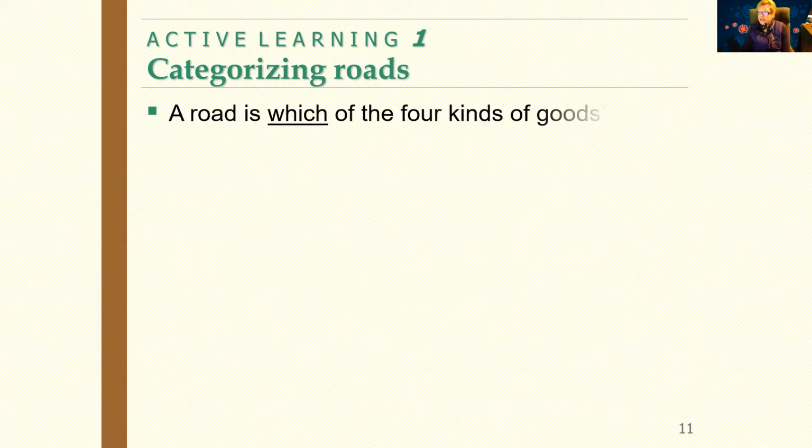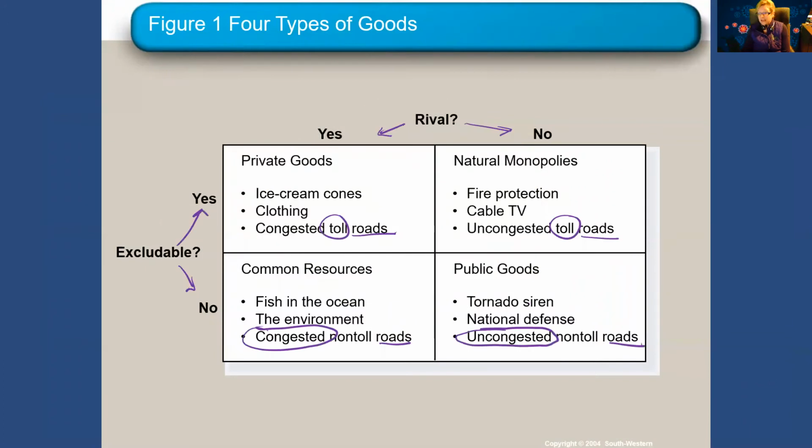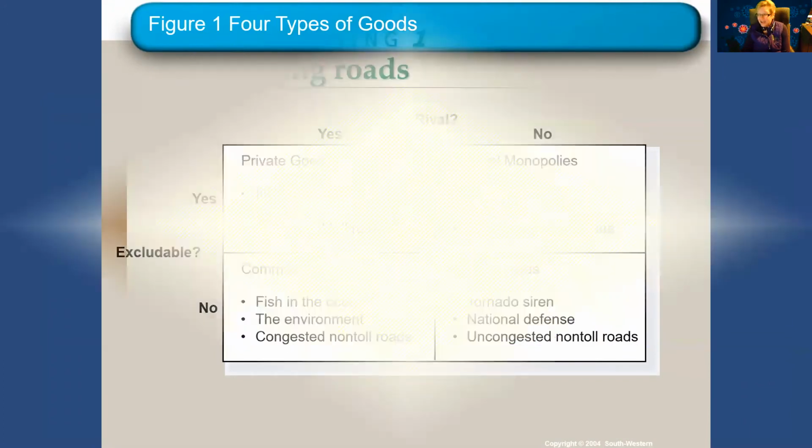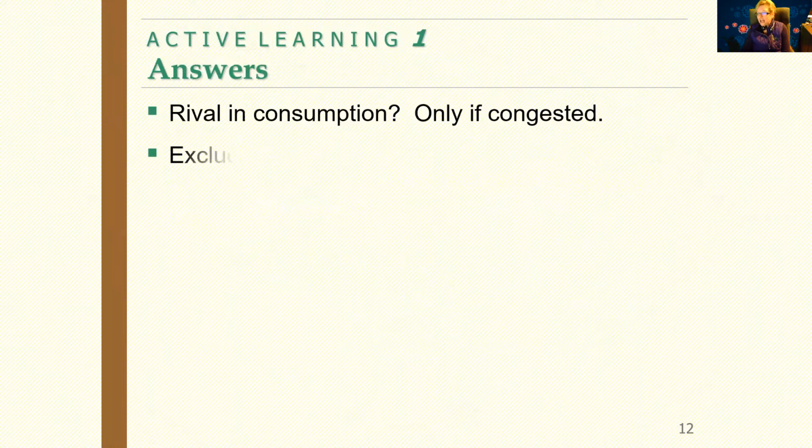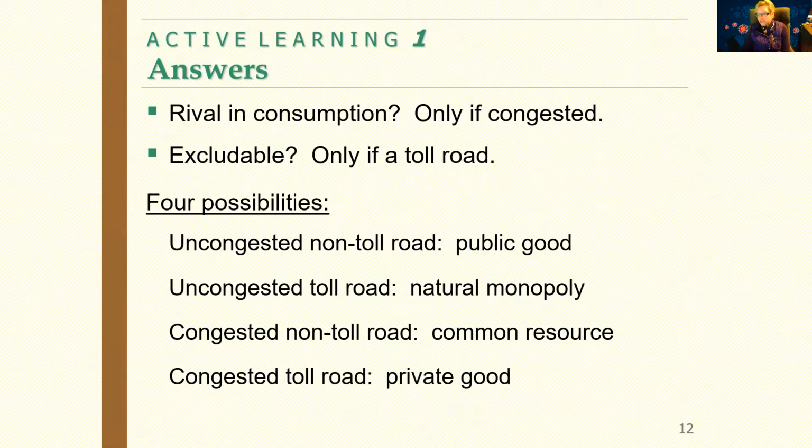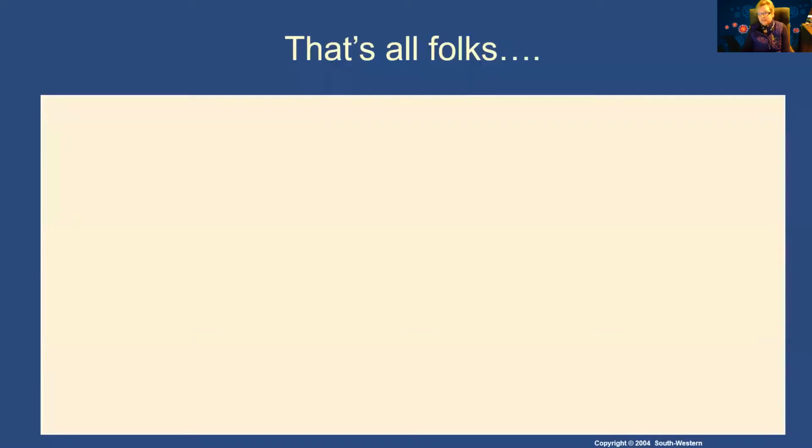Okay, which leads me to my next thing, which I was going to ask, and I kind of stole my own thunder: a road is which kind of good? Well, I just told you on the previous one that a road is all four, okay? And again, it depends on if it is congested or non-congested.